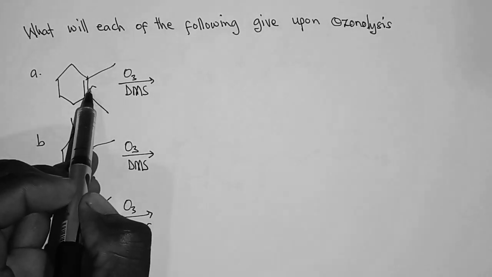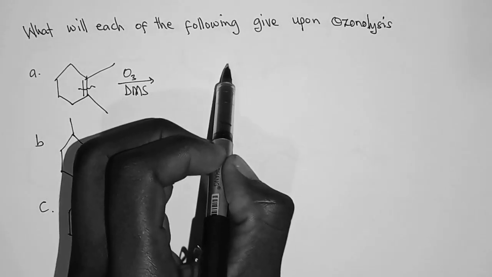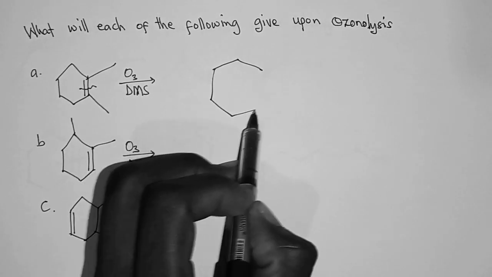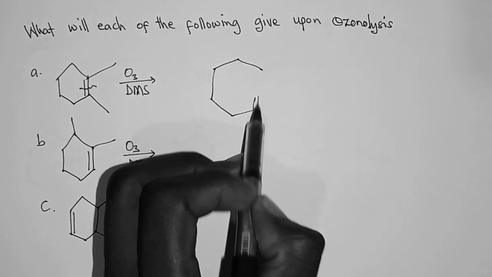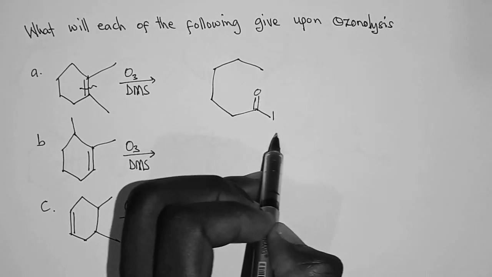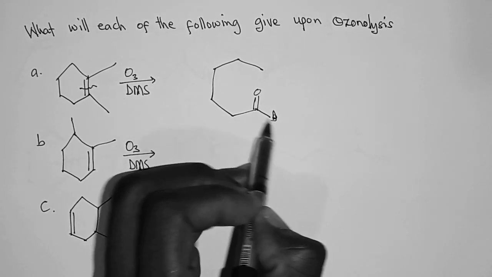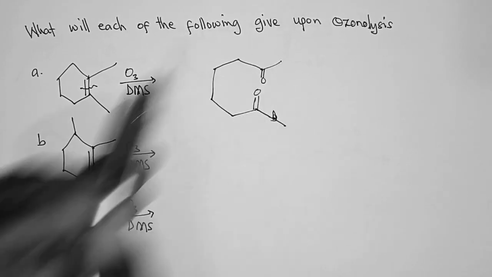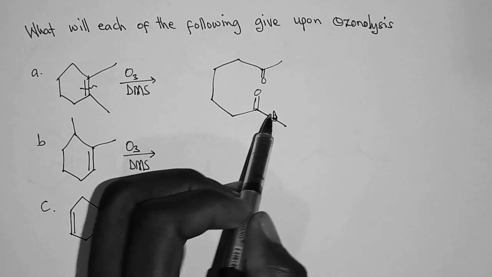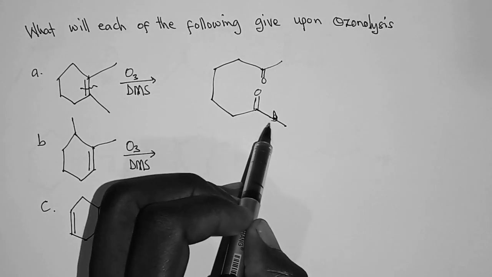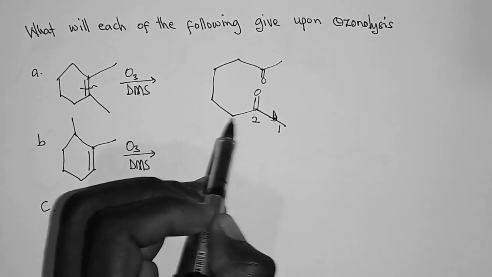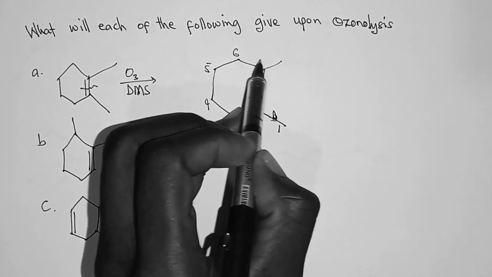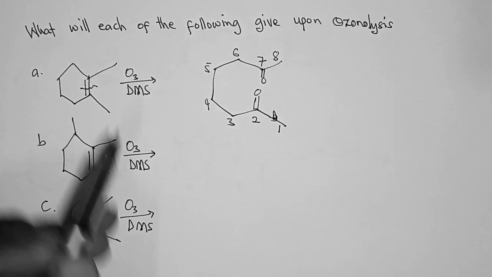So we have this. This side will cleave. If it cleaves, we are going to get this, and this side will cleave to give us this. So this is the molecule we are going to get. How many carbons? We have 1, 2, 3, 4, 5, 6, 7, and then 8.